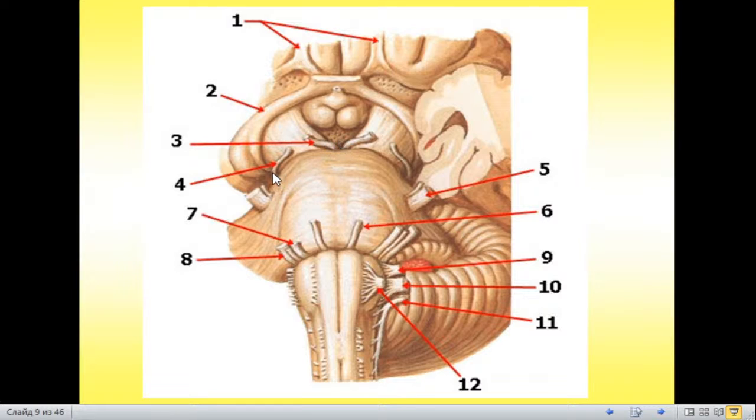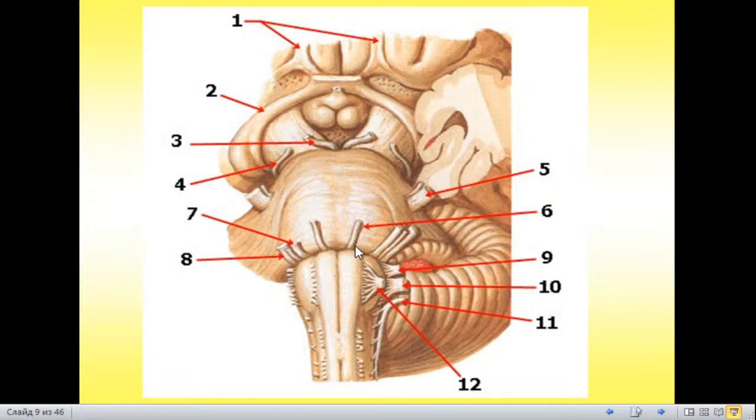cerebral peduncle, interpeduncular or Tarens fossa. Fourth cranial nerve, trochlear, it is very strange. This nerve exits the brainstem at the dorsal side, and after that it loops laterally to the cerebral peduncle and appears on the ventral surface. Fifth cranial nerve, trigeminal nerve, has two roots, sensory and motor, and this nerve exits the brain at the place where the pons becomes the middle cerebellar peduncle.